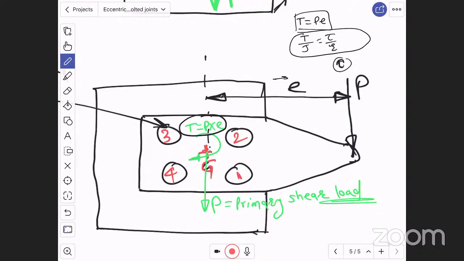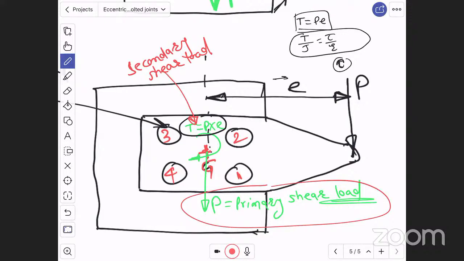Means due to torque, bolts are subjected to secondary shear load. Means there are two loads on the bolts, that is primary shear load P, direct shear load, and secondary shear load, that is indirect shear load. These are the two shear loads on the bolts, right?